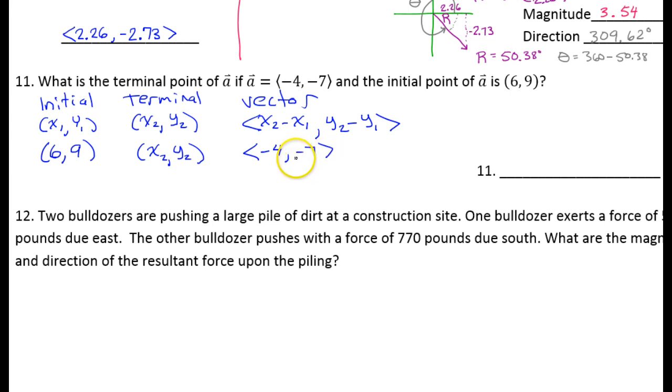So we can make some equations out of this. We know that the way you get the -4 is by doing x2 minus x1. Let me zoom in.